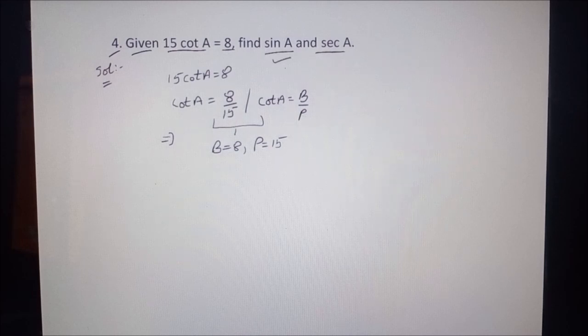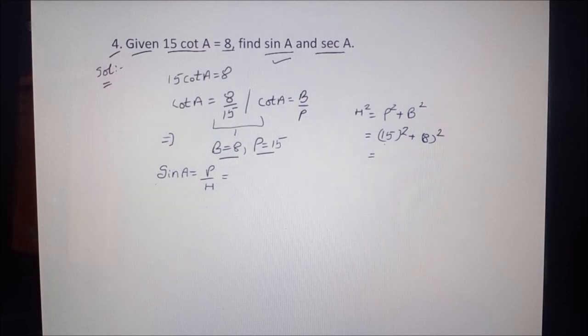Let us find sin A. Sin is perpendicular upon hypotenuse. Value of perpendicular we are given, value of base we have calculated. Now we should know the value of hypotenuse. Hypotenuse square is equal to p square plus b square. Perpendicular is 15 square plus base 8 square.